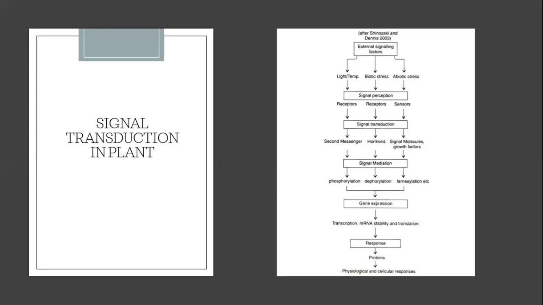Other than this, you'll have biotic factors, where we have the pathogens and many herbivores. Such external factors will lead to the formation of a signal, and this signal is perceived by plants.